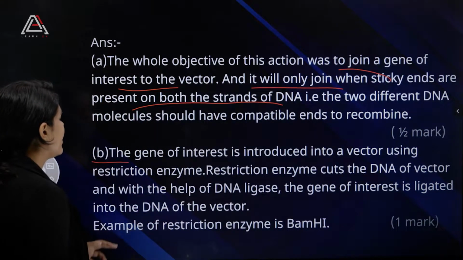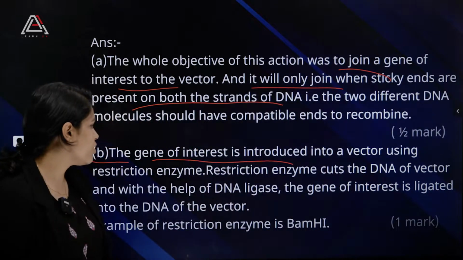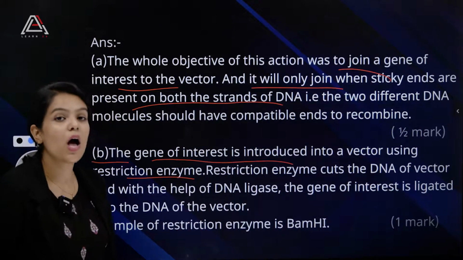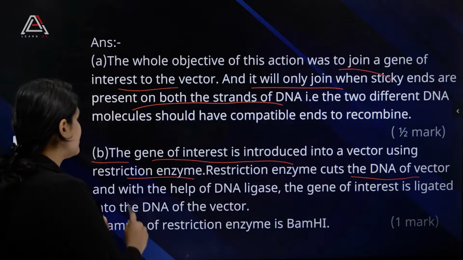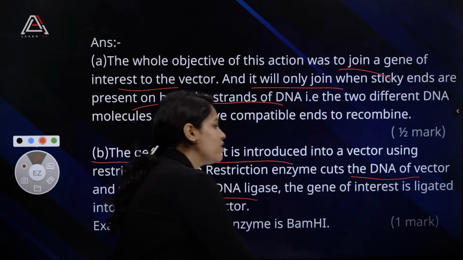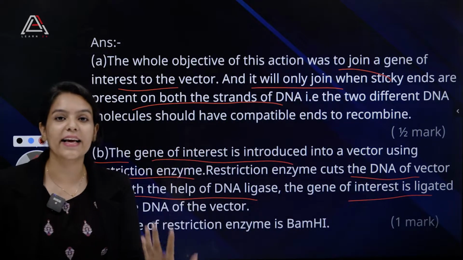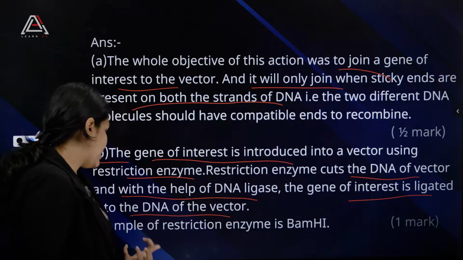The second part talks about the gene of interest being introduced into the vector using the restriction enzyme. What does the restriction enzyme do? It cuts the DNA of the vector, and with the help of a DNA ligase, the gene of interest is ligated into the DNA of the vector.